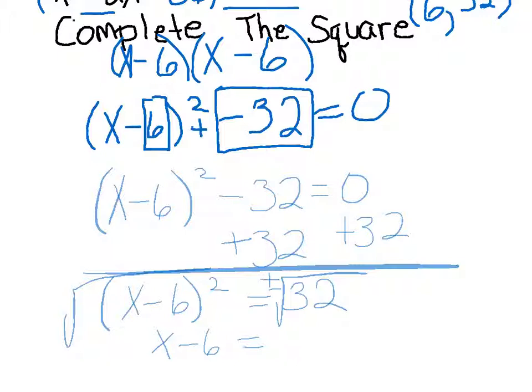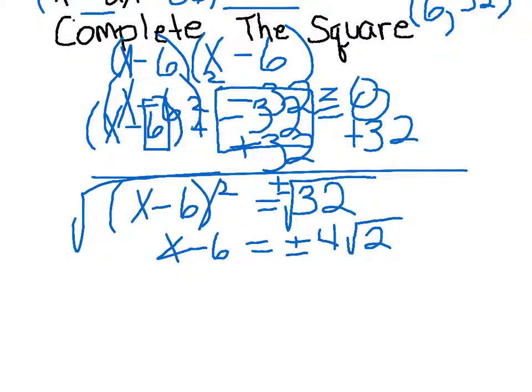let's see, 32 is what? 16 times 2. What's the square root of 16? 4. And I'm left with the 2 here. Now all I have to do is move my 6 over. So x would be, add 6 to both sides, 6 plus or minus 4 times the square root of 2.